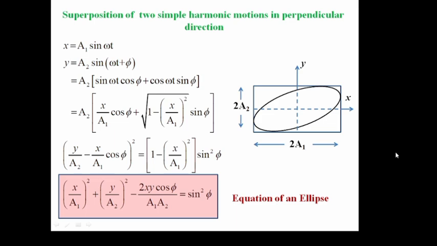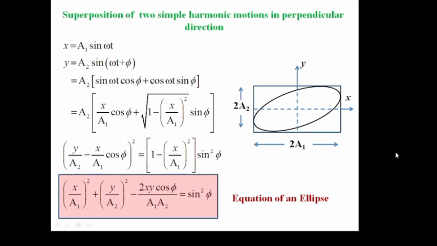Now you can see the two forms of simple harmonic motions in perpendicular directions. If we put the form of x in the expansion of y, we can expand sin(omega t plus phi) as sin(a plus b).